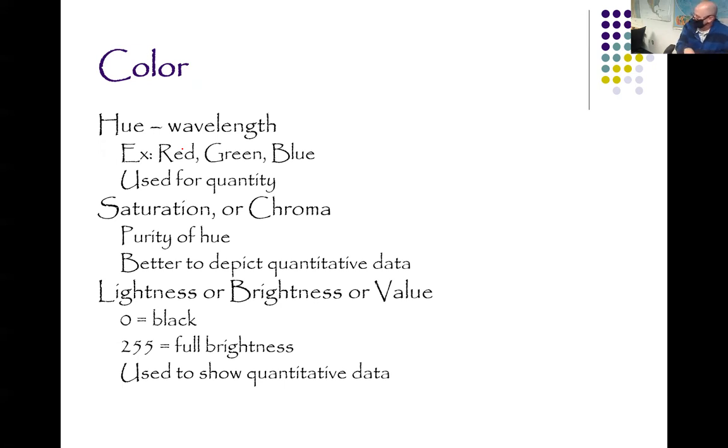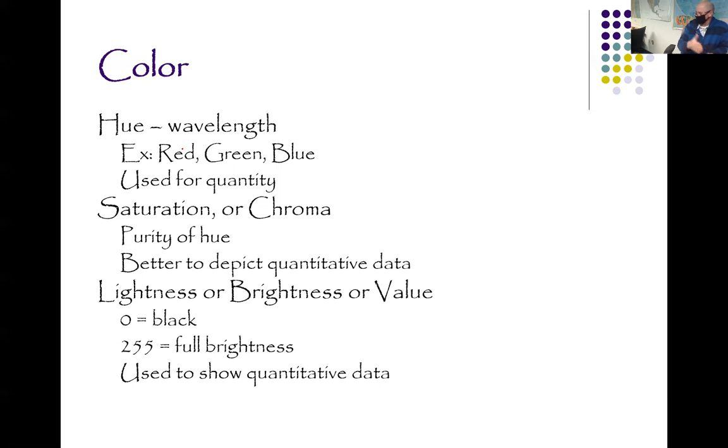So I have 8 bits, 2 to the 8th different shades of red, which is 256, right? 2 times 2 times 2, eight times, is 256. So I can get 256 different shades of red and green and blue, right? And as far as combining those, if you take statistics, that's combinations, right?